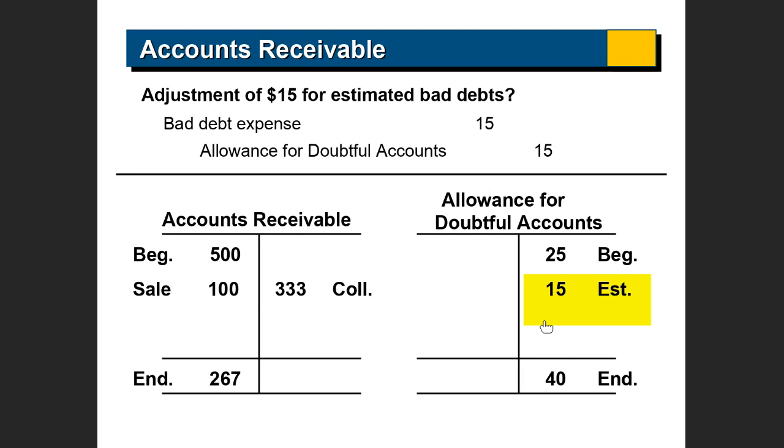The allowance for doubtful account is increased by $15. So this is how the allowance for doubtful account gets increased. And the allowance for doubtful account is periodically adjusted.